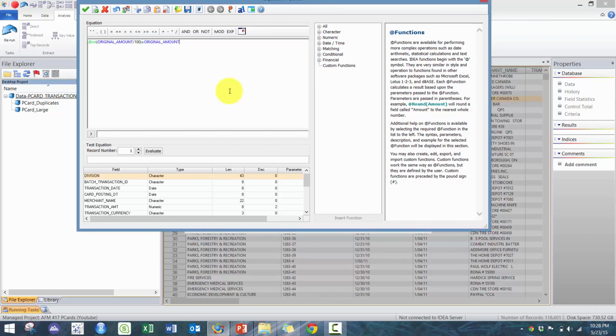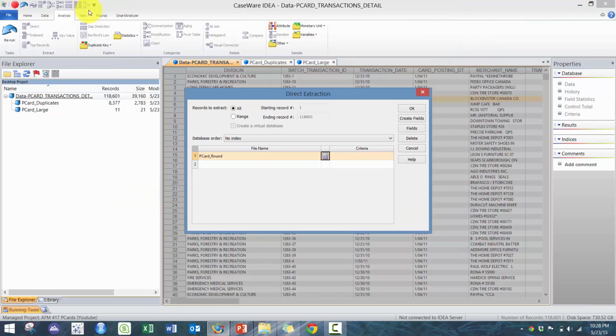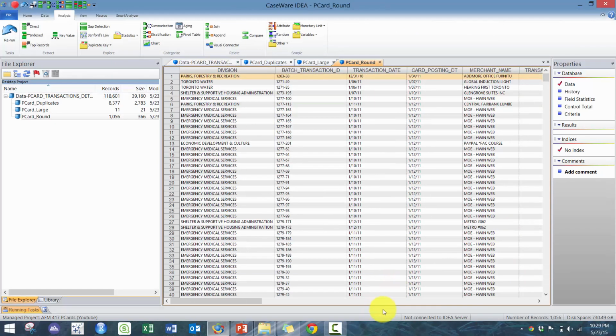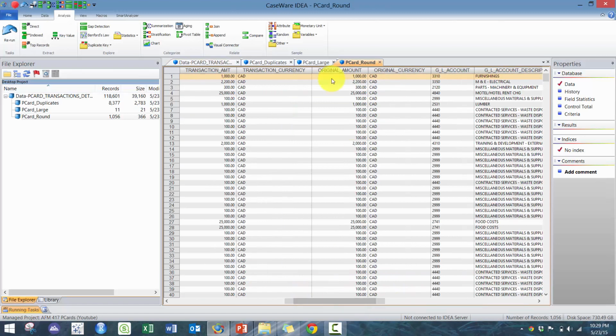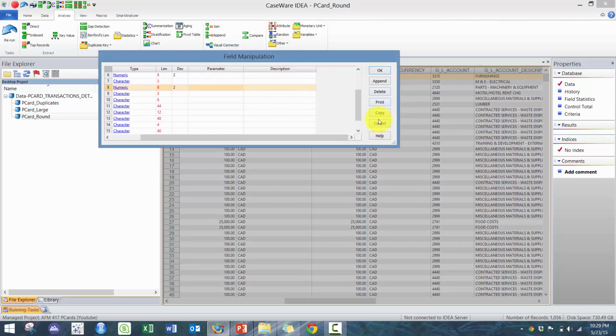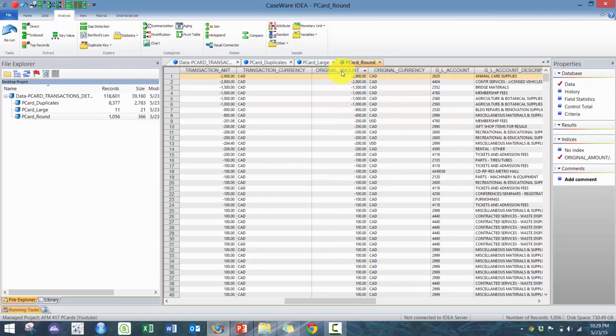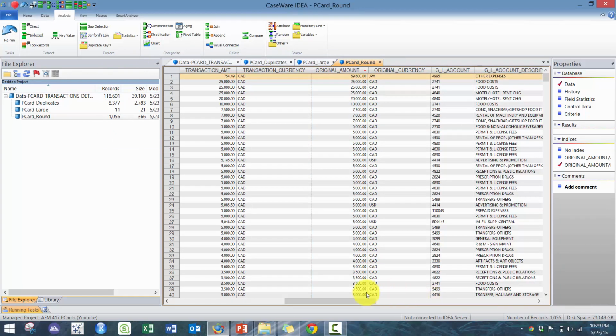Is that the same as the original amount divided by 100? Because if it's not, it's going to give us a whole number, the numbers left of the decimal place. And if it's exactly the same as the amount normally, then it's going to be a round amount. So we do that here, and you can see all these round transactions. The main reason why we're looking at these round transactions is that we're looking for things like gift cards.